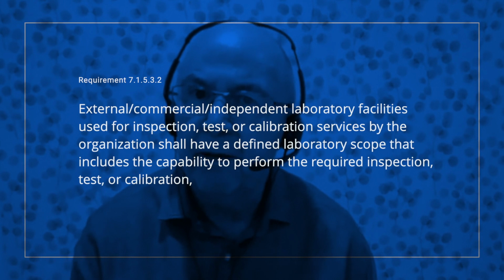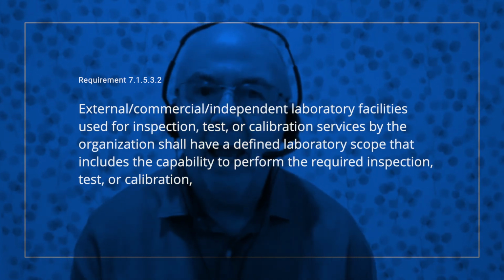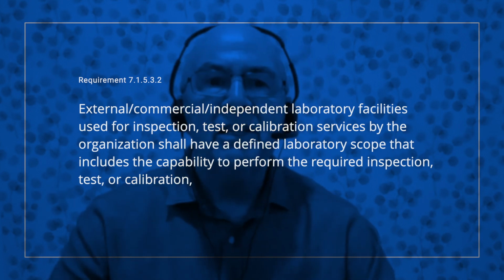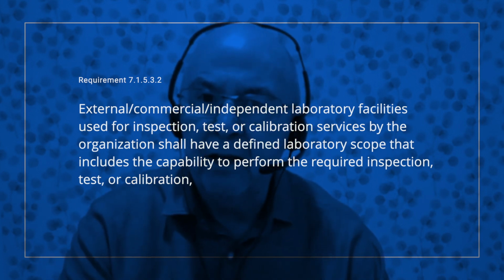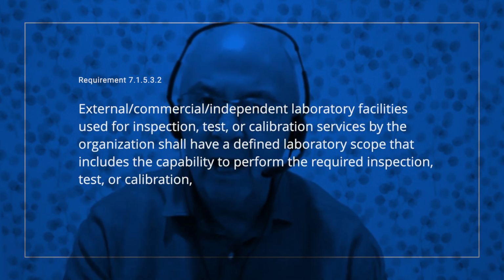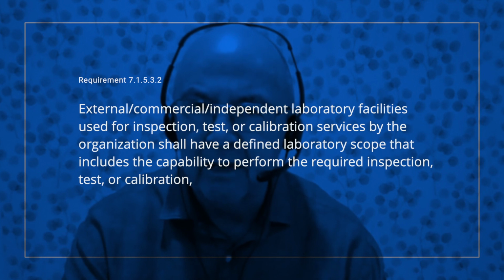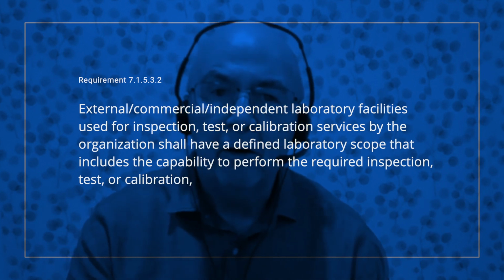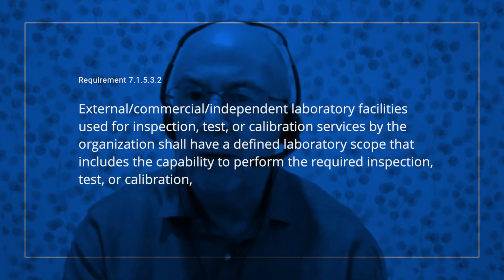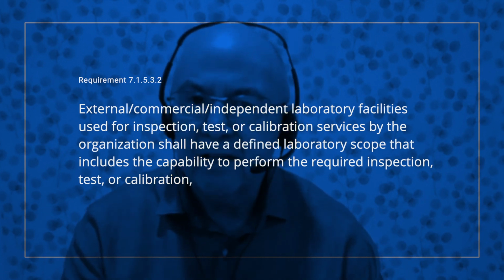This links to IATF requirement 7.1.5.3.2, external laboratory, which states, external commercial independent laboratory facilities used for inspection, test, or calibration services by the organization shall have a defined laboratory scope that includes the capability to perform the required inspections, tests, or calibrations.